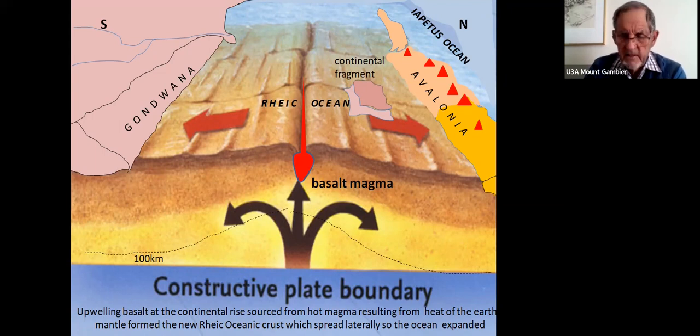I'll be interested to know if that diagram causes you some problems, but you can also see I've got a continental fragment just above the central word Rheic Ocean, just to the right of it. I've got a continental fragment being passively carried towards Avalonia too. It wouldn't necessarily get closer to Avalonia because it's just sliding along with it as that plate enlarges from the centre rift.